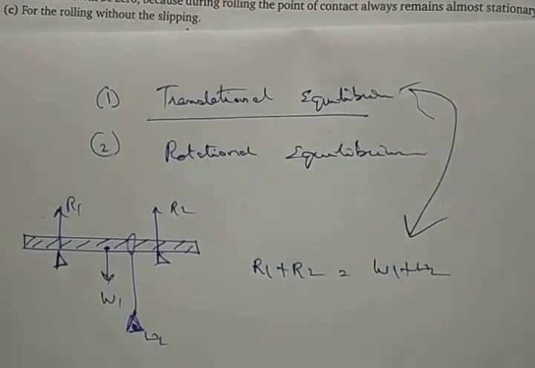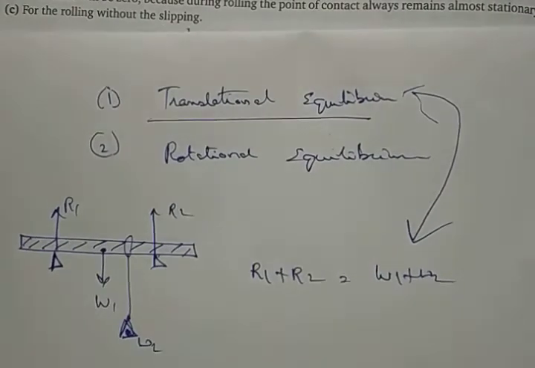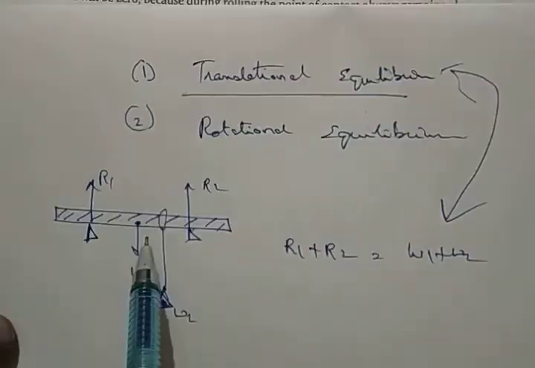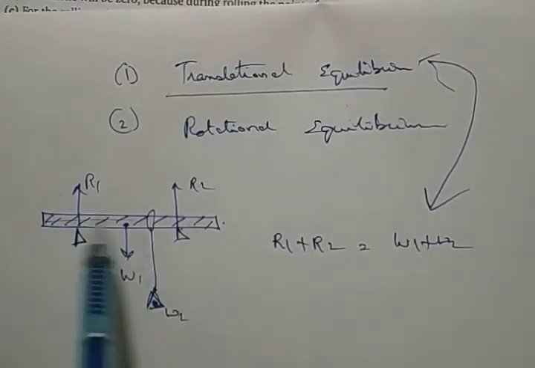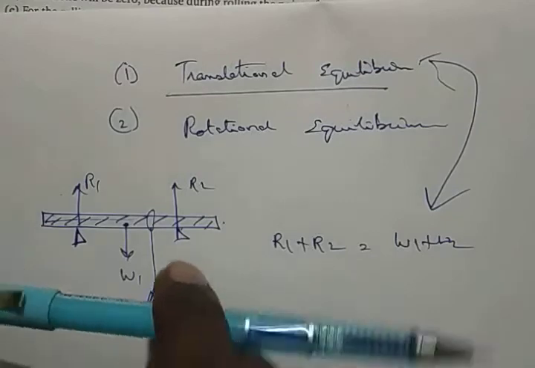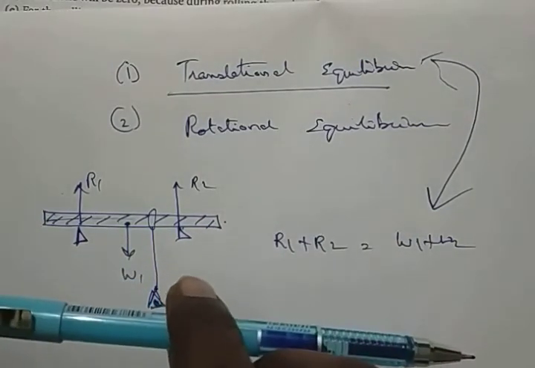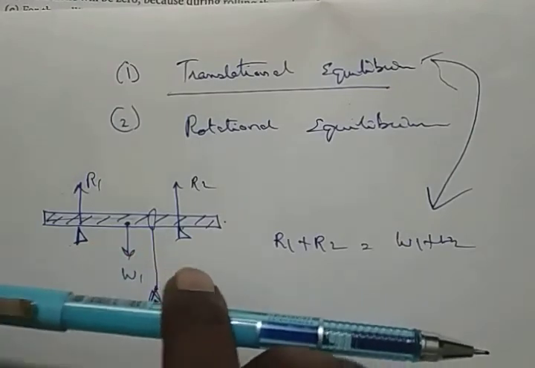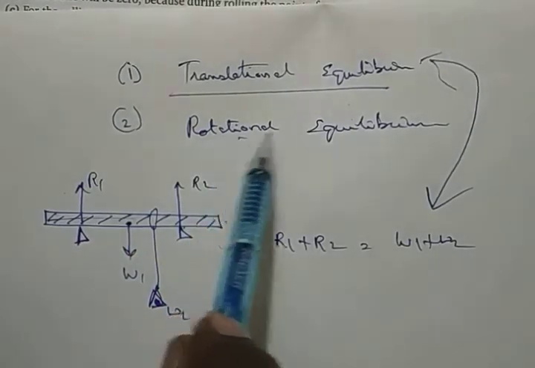The next one is rotational equilibrium. Look at the rotational equilibrium. What is rotational equilibrium is, whenever this body is there, it should be stable. It should not keep on tipping here and there. It should not keep on oscillating here and there. It should be in straight, correct position. Okay. It looks to be like a rotational equilibrium.